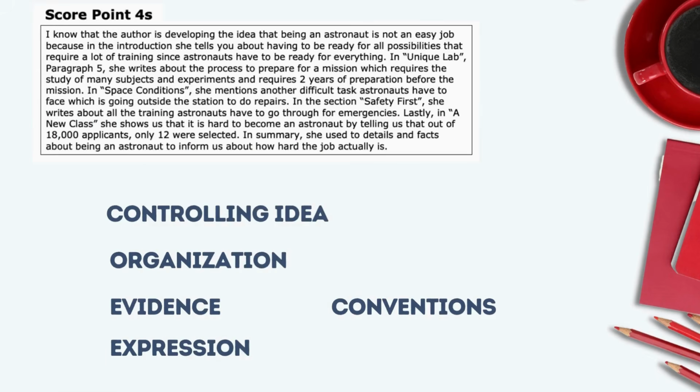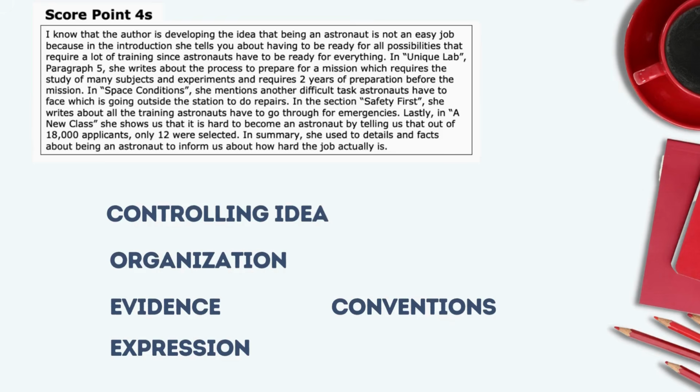All right, here's another example of a 4. I know that the author is developing the idea that being an astronaut is not an easy job, because in the introduction, she tells you about having to be ready for all possibilities that require a lot of training, since astronauts have to be ready for anything. In Unique Lab, paragraph 5, she writes about the process to prepare for a mission, which requires the study of many subjects and experiments and requires 2 years of preparation before the mission.